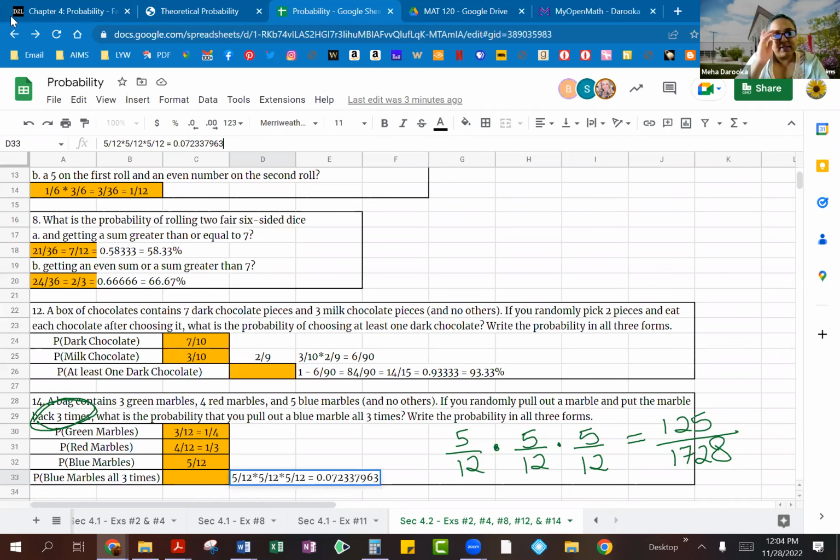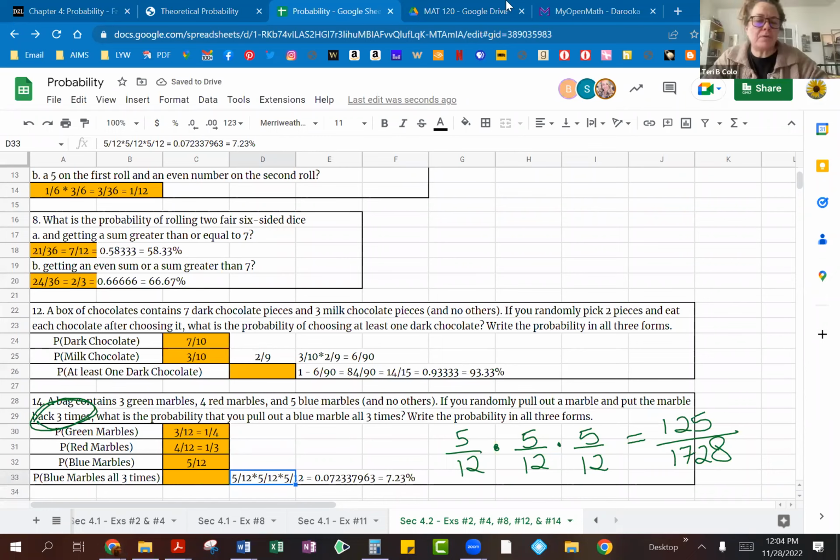I'm just putting all the digits that I'm seeing in my calculator. And then of course as a percentage that would be 7.23. Terry, you just had a slightly higher number there. Yeah, I figured it out. I did it wrong in the calculators.